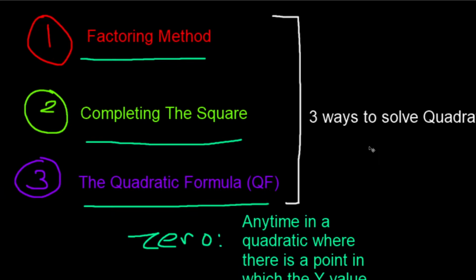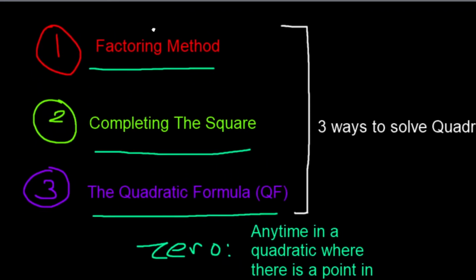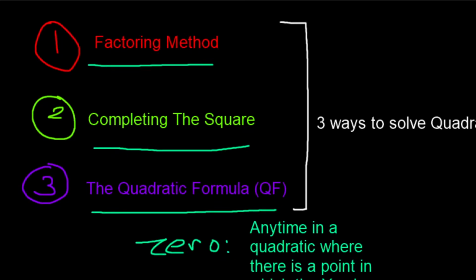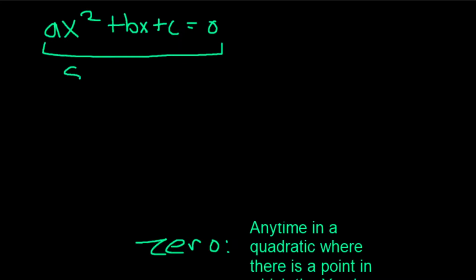Alright, so I'm going to show you the quadratic formula, which is the main focus of this video. ax squared plus bx plus c is equal to 0. This is the standard form of a quadratic, right?